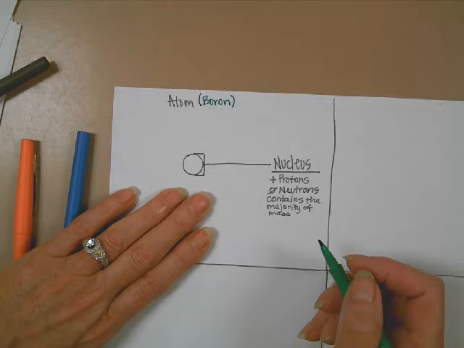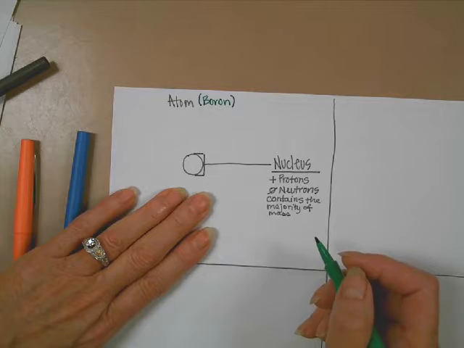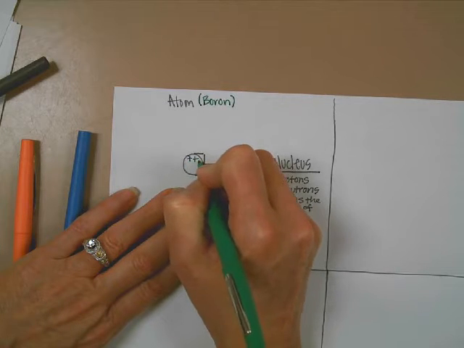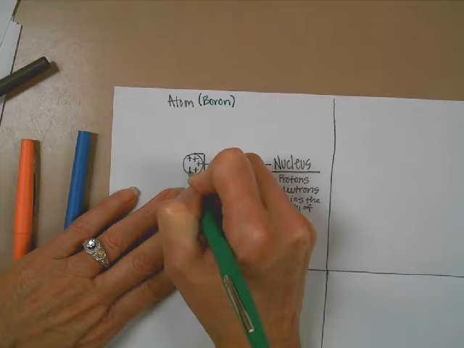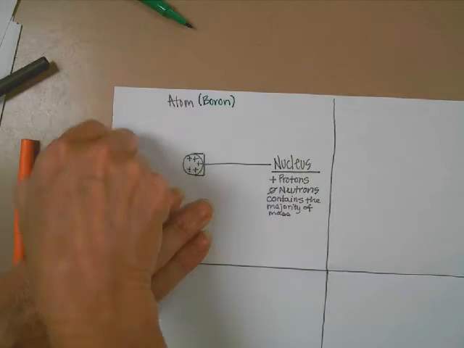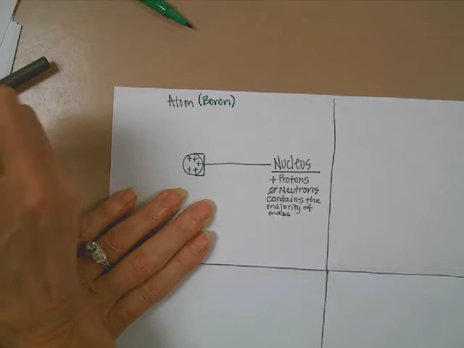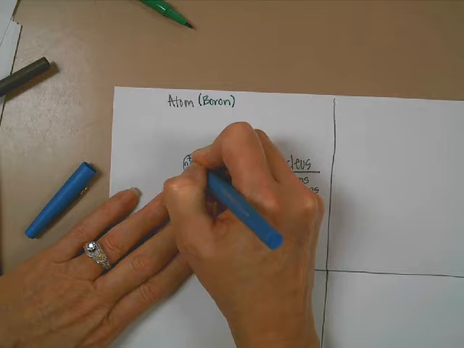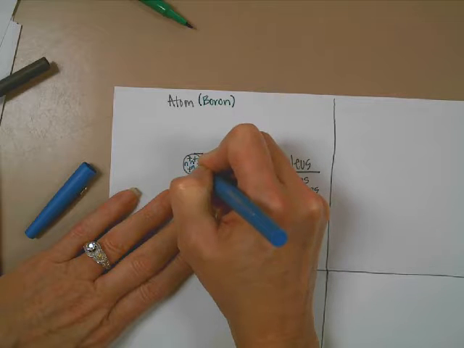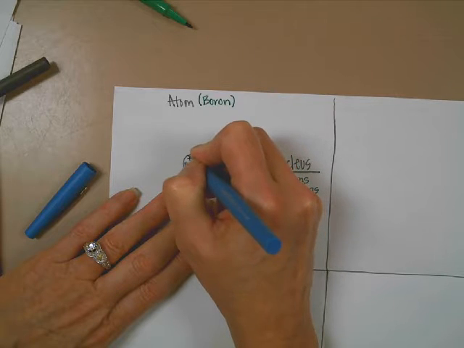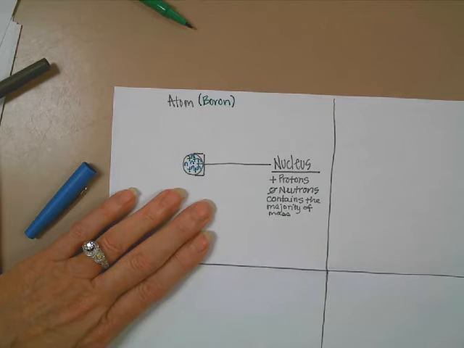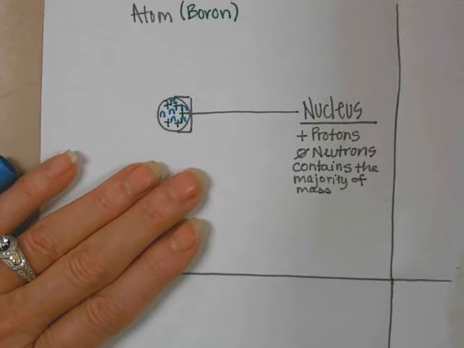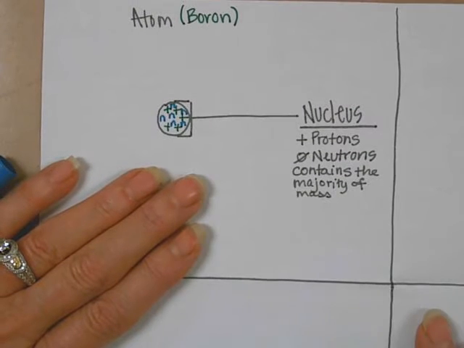And boron has 5 protons and boron has 6 neutrons. So I'm just going to use the N for neutrons. So there is my nucleus of my boron atom.